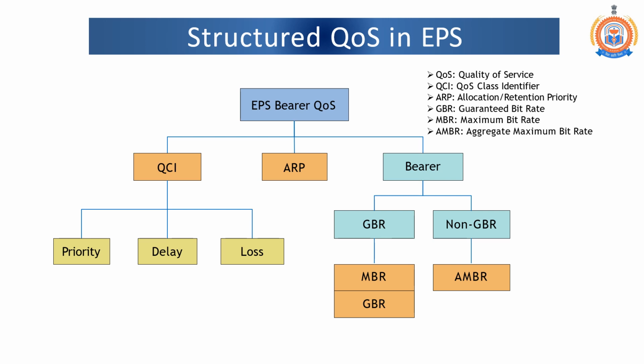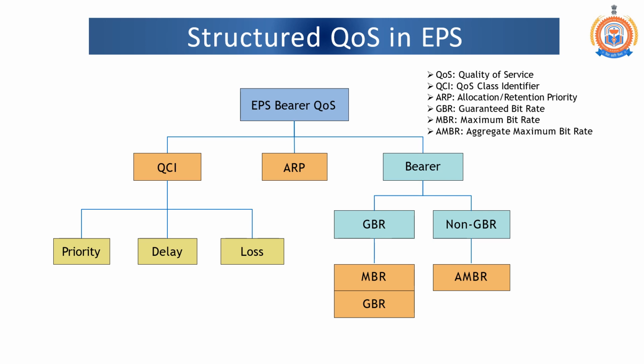Bearers can also be divided into two categories based on different services, that is GBR and non-GBR bearers. For GBR bearers, a parameter used for bandwidth control is the MBR, maximum bit rate, and for non-GBR bearers, a parameter that is AMBR, aggregated maximum bit rate, is used for the bandwidth control.